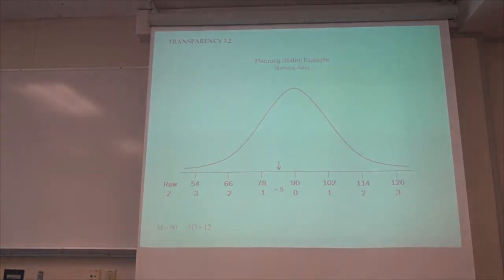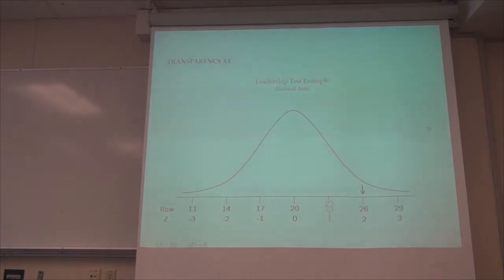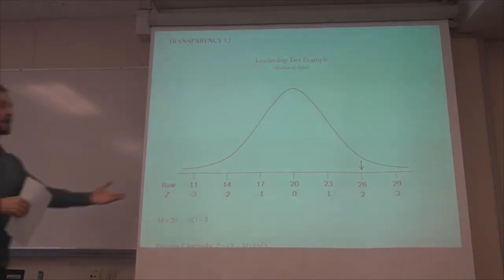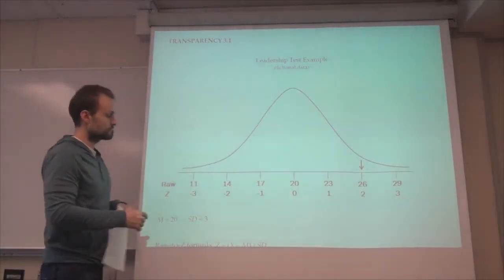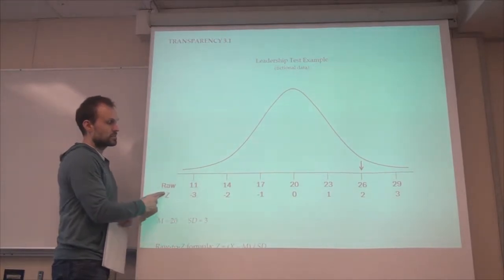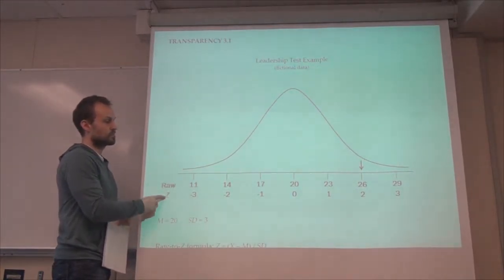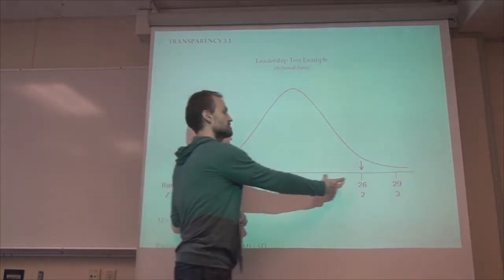Whether I look at numbers like that, or numbers around 20, with the property of the distribution, I simply refer to the distance away from the mean in terms of standard deviation steps.